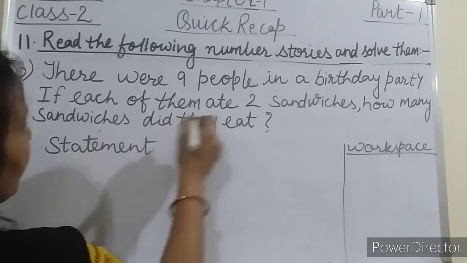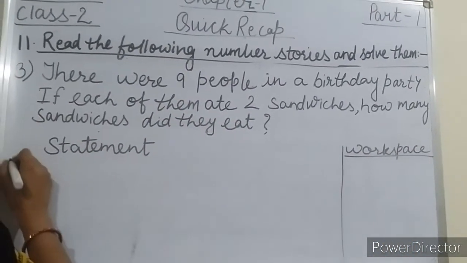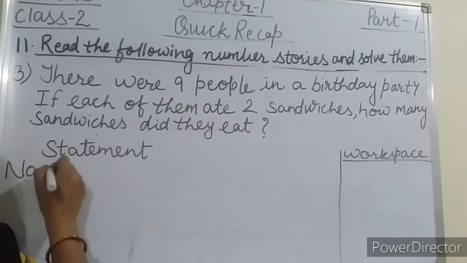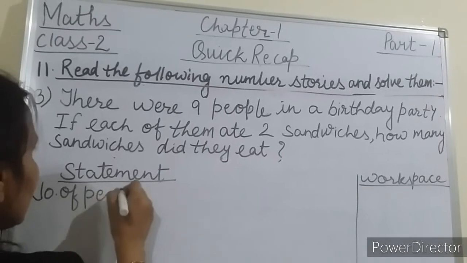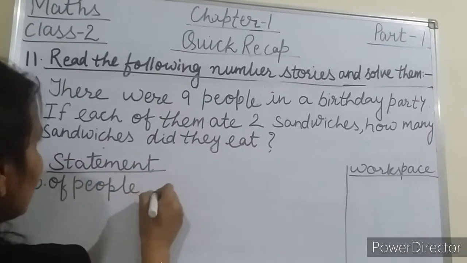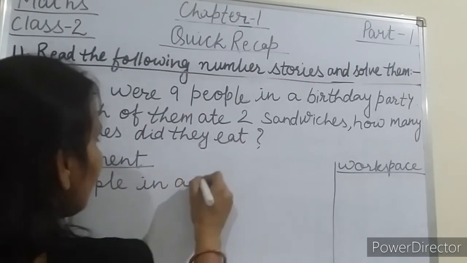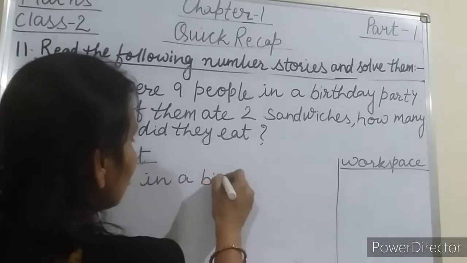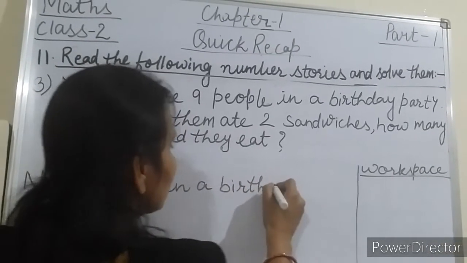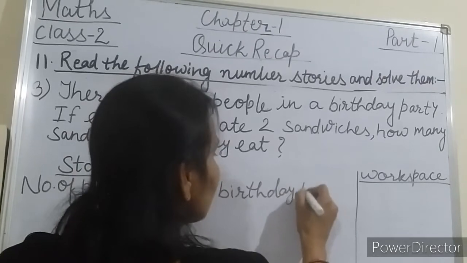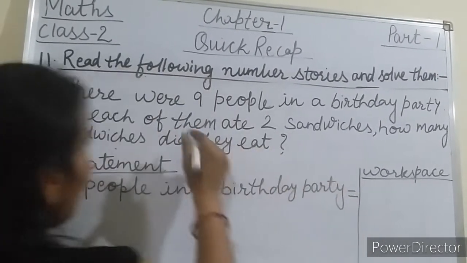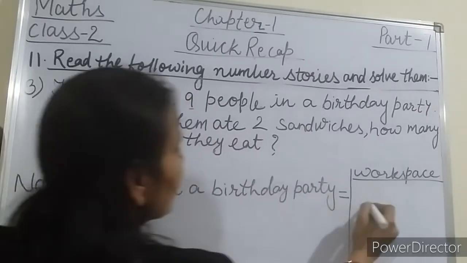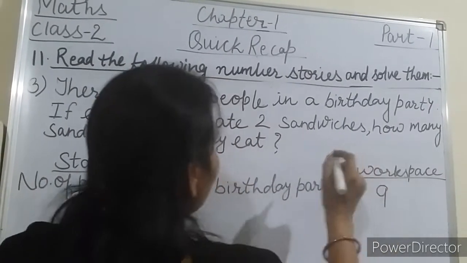So number of people in a birthday party is equal to how many? 9. So here we will write 9.